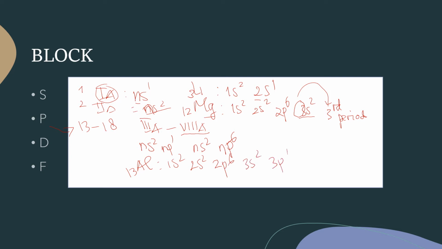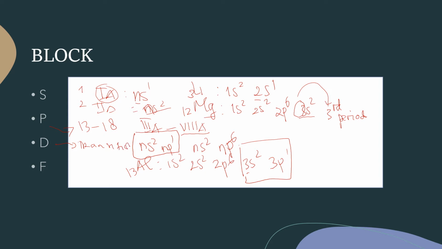So the electronic configuration ends in 3s2, 3p1, or in general, for group 3A, ns2 np1. For aluminum, because n is 3, aluminum is located in the third period.